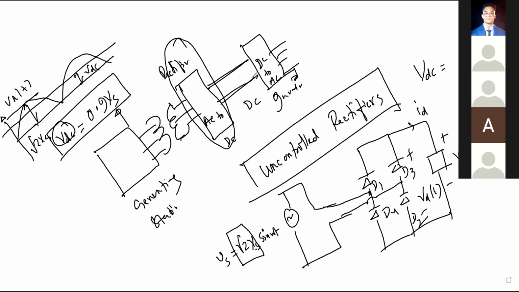That is why, instead of uncontrolled rectifiers, we need controlled rectifiers. For controlled rectifiers, we shall use thyristors. Introduction is okay? Yes, sir.